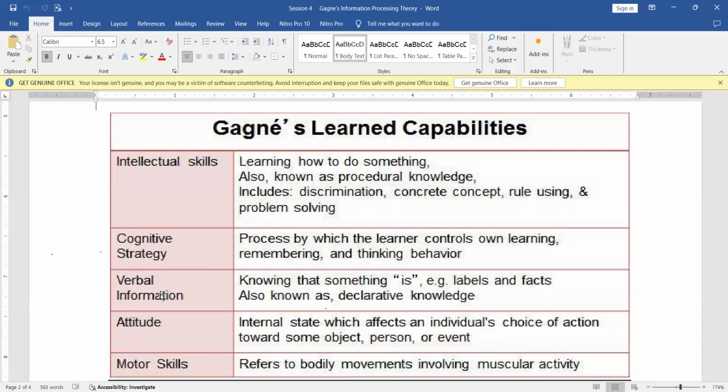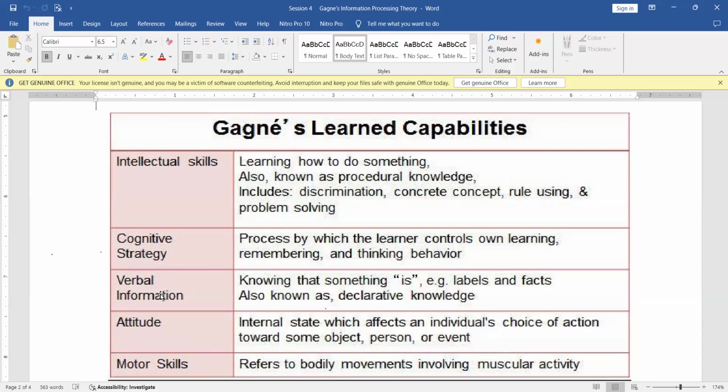Okay, that is also something that somewhat happens in the classroom. We make sure that it happens. Then cognitive strategy. Cognitive strategy is hardly touched upon by the teachers adequately. But according to Gagné, it is very, very important that the teachers actually get the learner to develop their cognitive strategies as well.